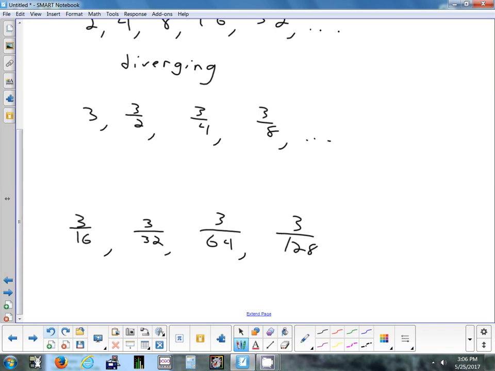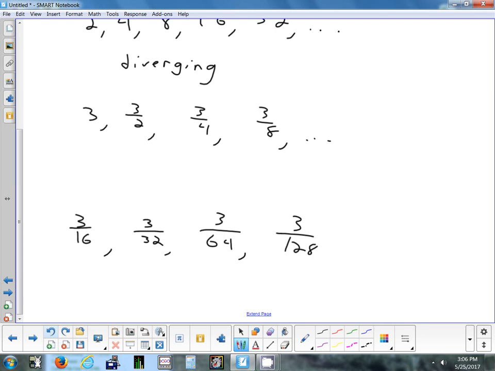Well, let's keep going. Let's pretend finally we get to a term that's like 3 divided by 1,000,000,000. What is that? So it's getting very close to 0. So the fraction is getting close to 0.